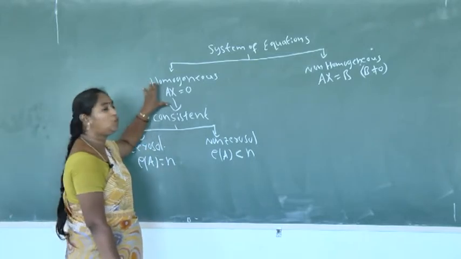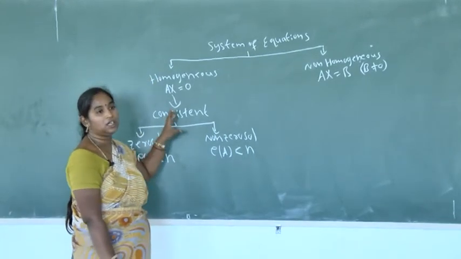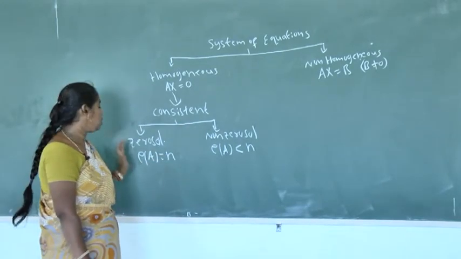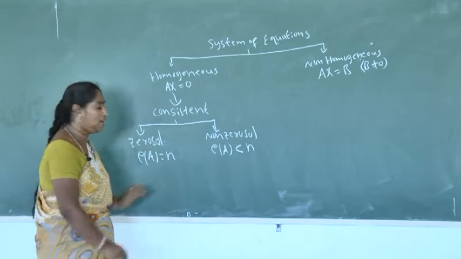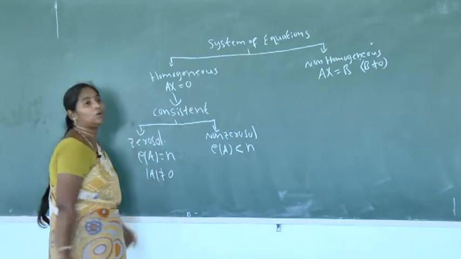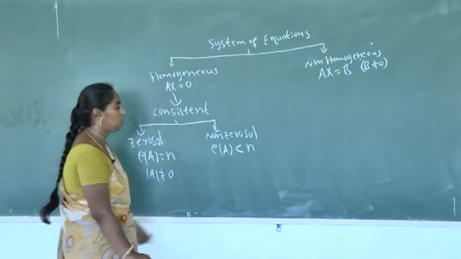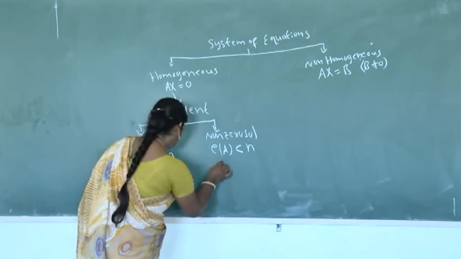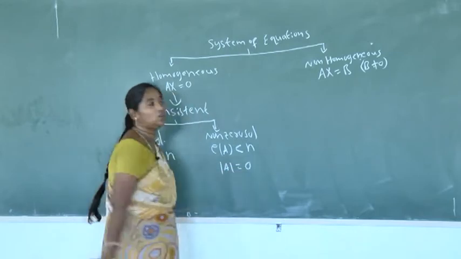So a homogeneous system is always consistent and has two types of solutions. Zero solution when the rank of A is n, or if the determinant of A is not equal to 0. Non-zero solution if the rank of A is less than n or the determinant of A is equal to 0.